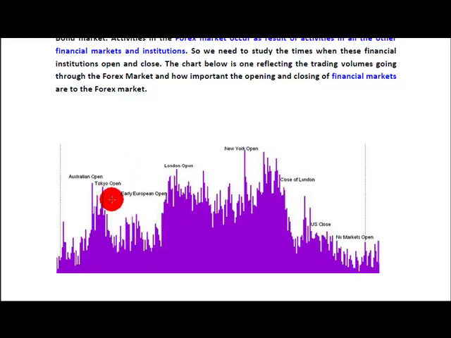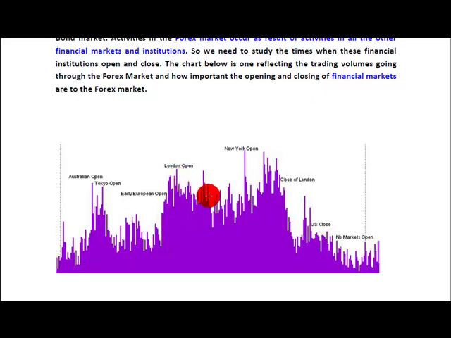The volumes drop quite considerably in the afternoon in the Asian market. And as you can see, the early European market builds a lot more volume, right up to the London open, which is the biggest volume market in the Forex market.